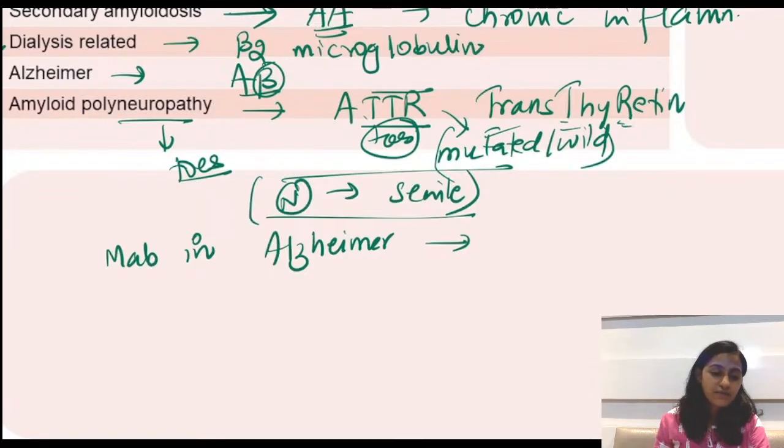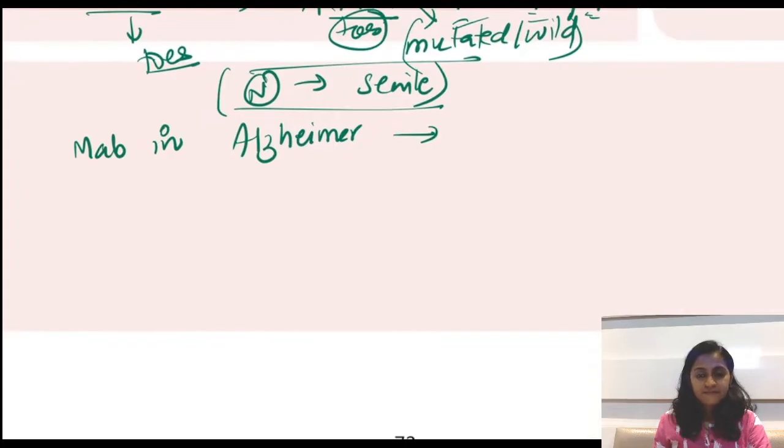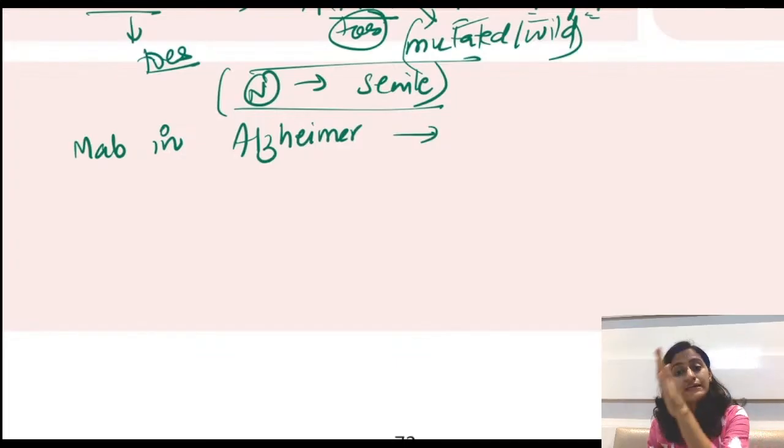What monoclonal antibody? We had read the drugs in Alzheimer's. The Alzheimer's में acetylcholine low. So you increase the acetylcholine by giving the cholinergic वाला, that is acetylcholinesterase inhibitor drugs.